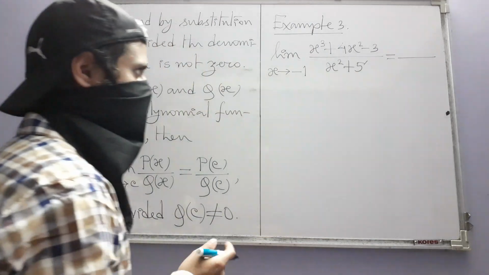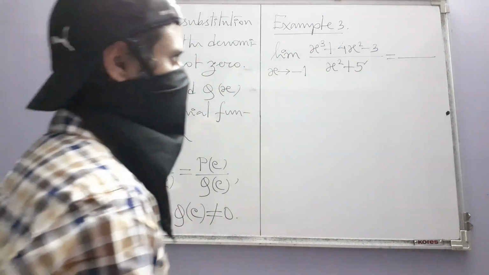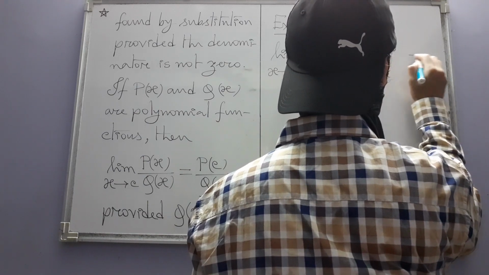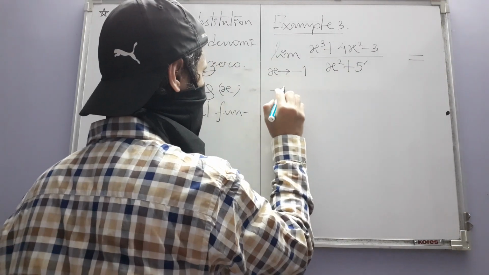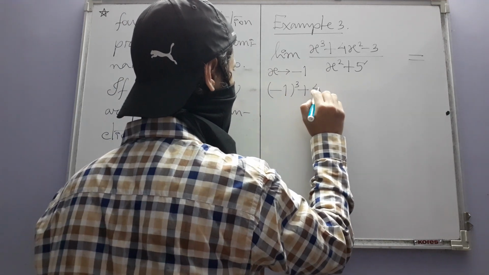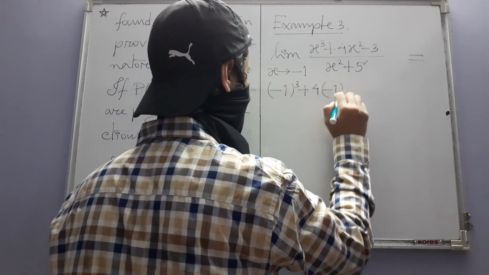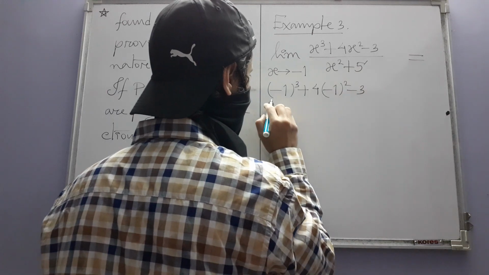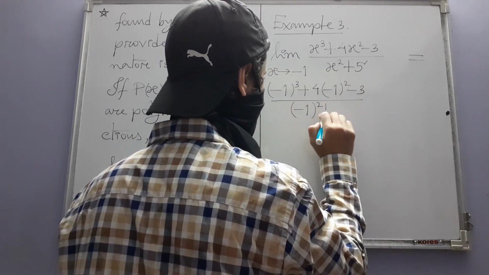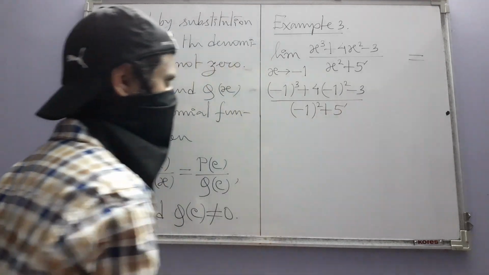So by applying theorem 4, it is just, I don't have space to write here, minus 1 cube plus 4 times minus 1 square minus 3 divided by minus 1 square plus 5.